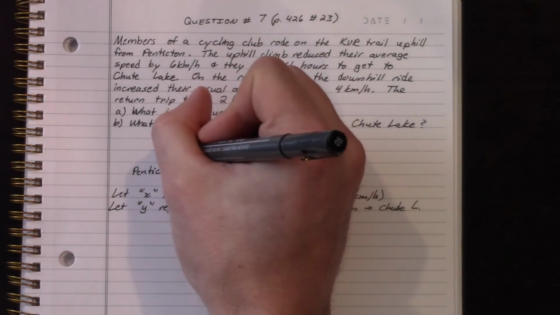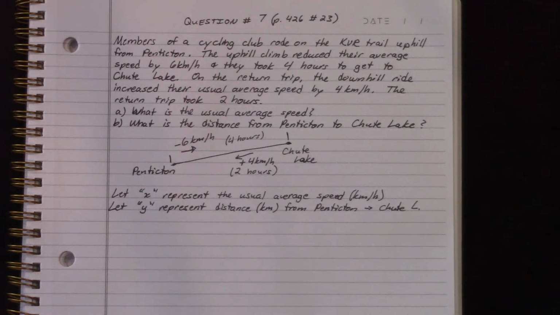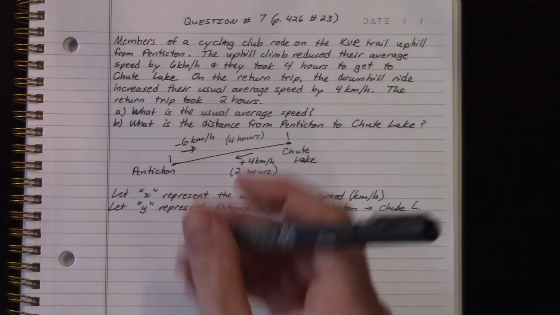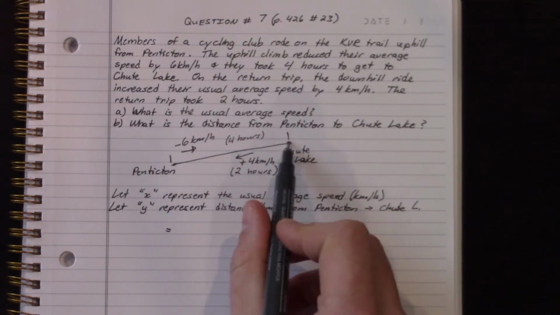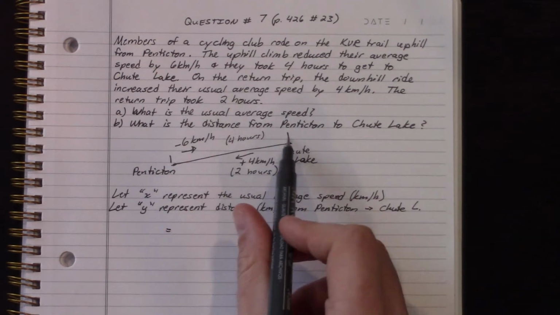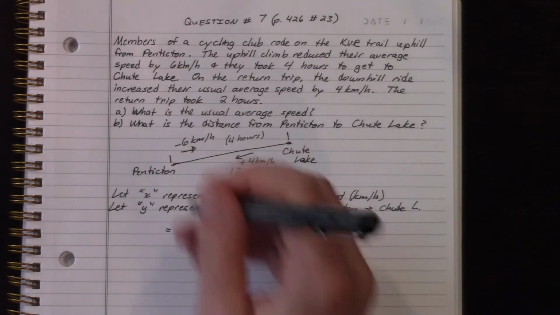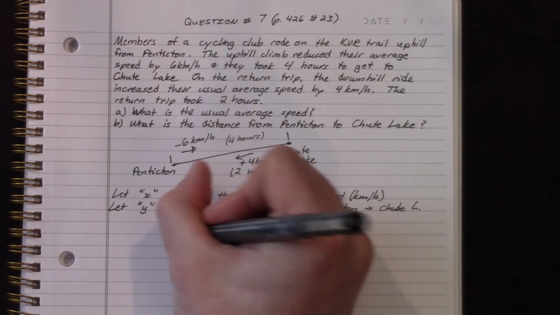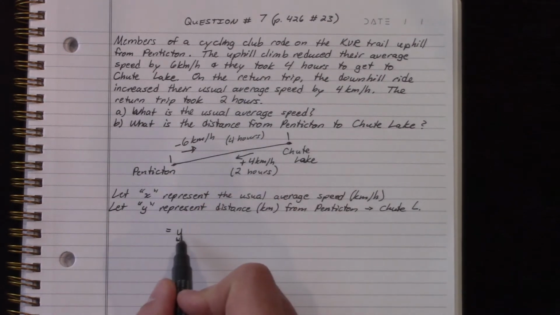It takes them 4 hours to cover this distance. So we know that it takes them 4 hours to travel a distance from Penticton to Chute Lake. What represents this distance? Y. Y is this distance. So all of the work that they are doing over this time is going to equal the distance Y.